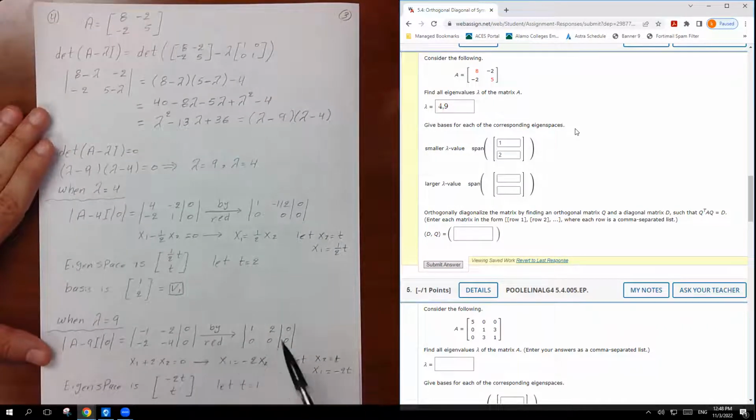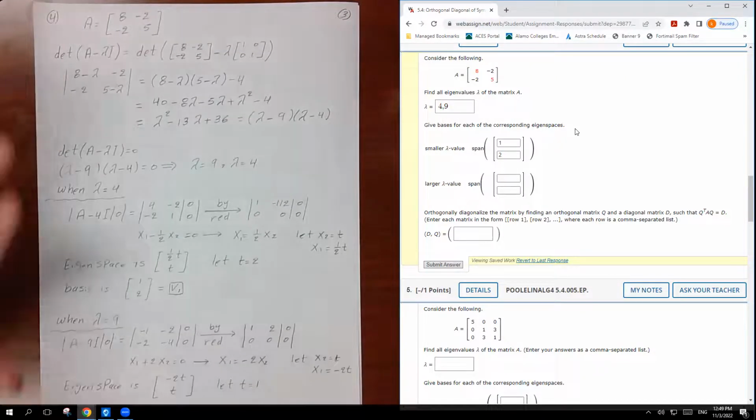Now by row reduction it's going to be 1, 2, and all zeros here. That means x1 plus 2x2 equals 0, so x1 is negative 2 x2. We're going to let x2 equal t, so x1 is negative 2t. So here's the eigenspace. Let t equal 1. So the span of the basis is -2 and 1. So here is -2, and here we're going to put 1.